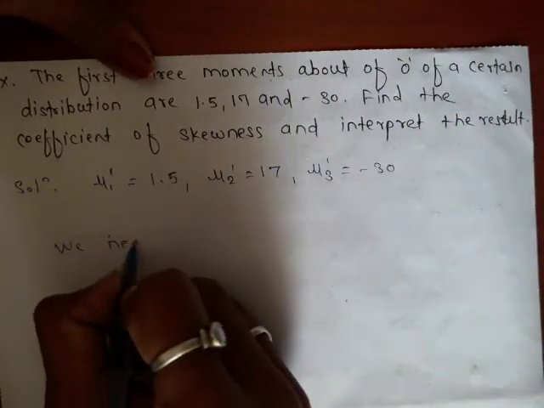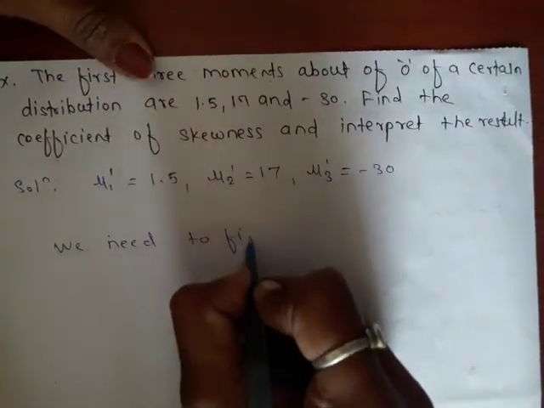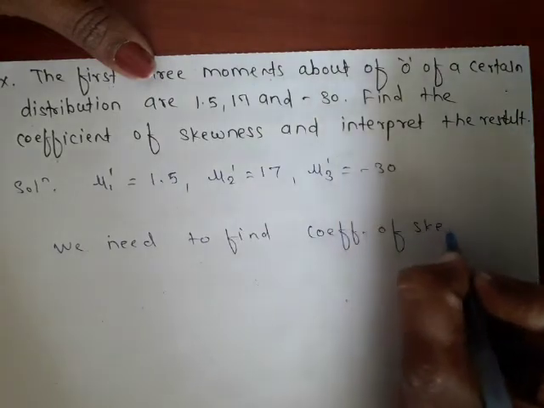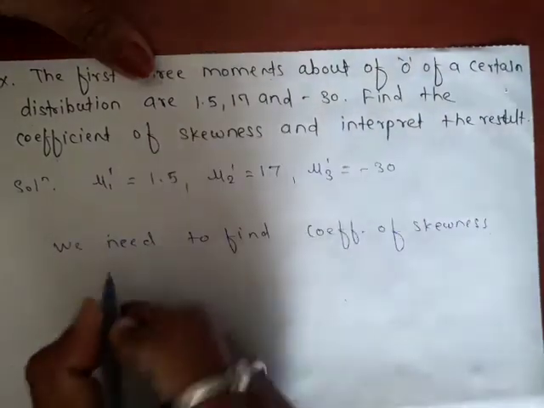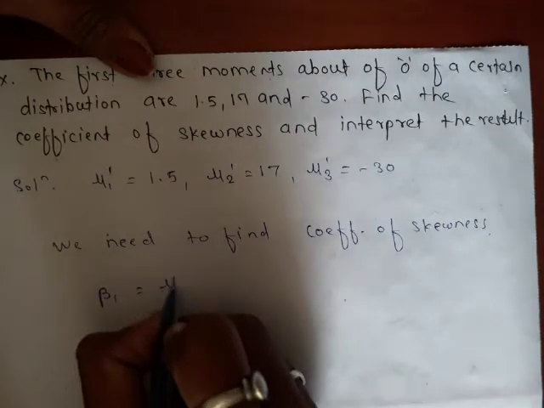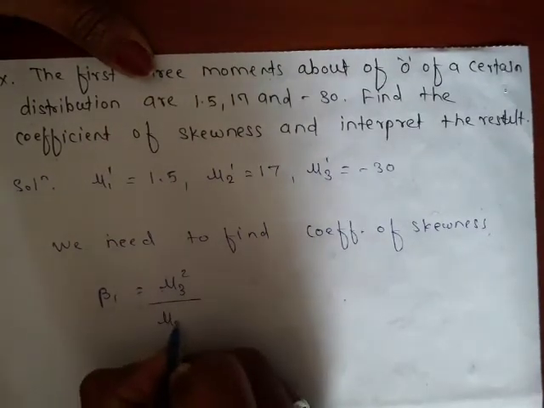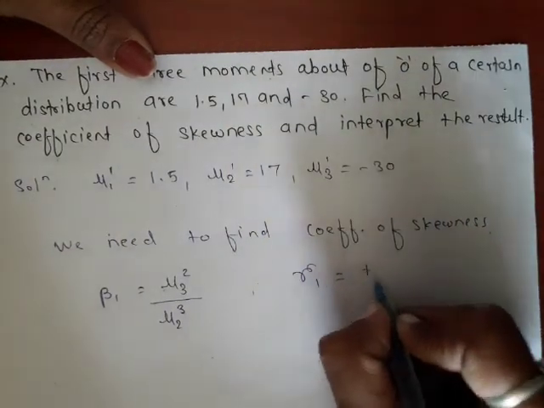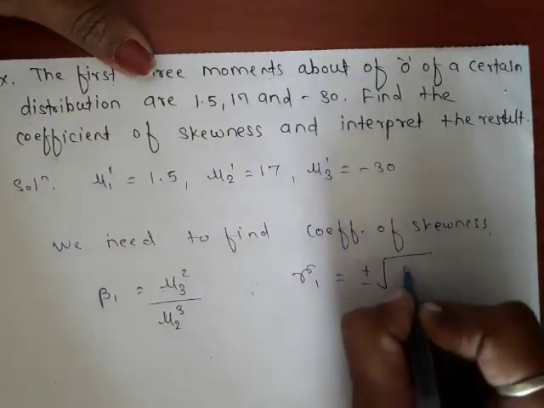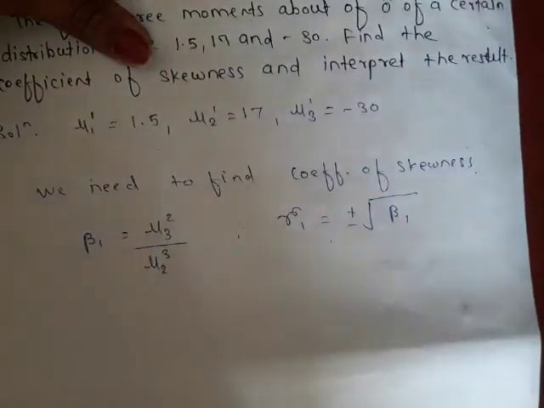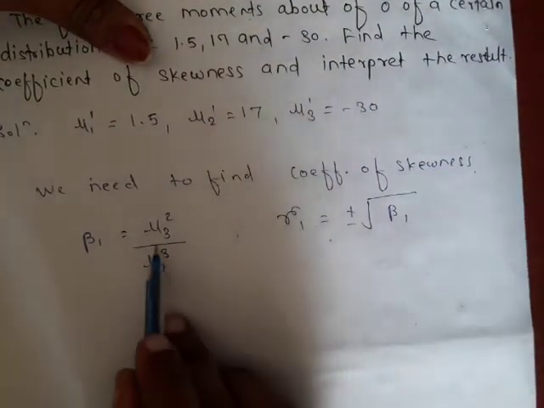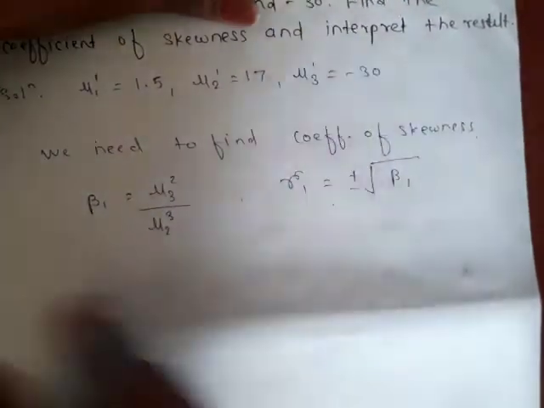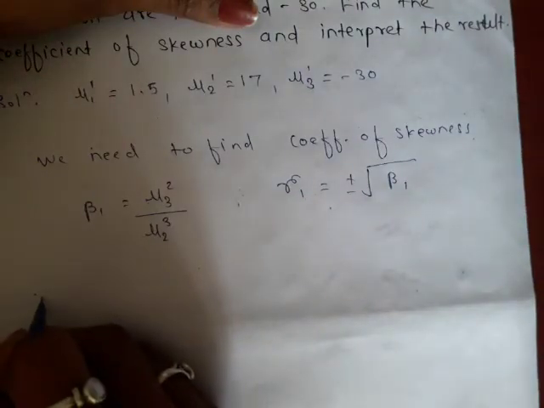We need to find the coefficient of skewness, that is, beta 1 is equal to mu3 square upon mu2 cube, and gamma 1 is equal to plus or minus square root of beta 1. So firstly we calculate the first three central moments, that is mu1, mu2 and mu3.